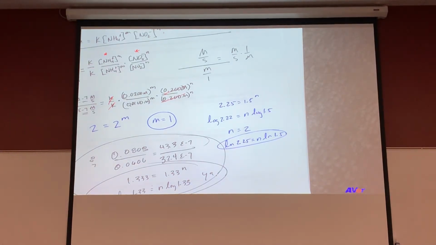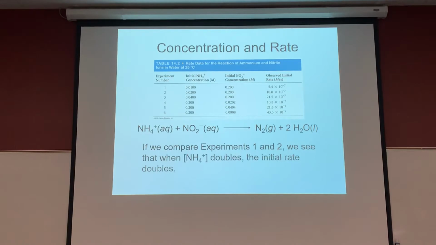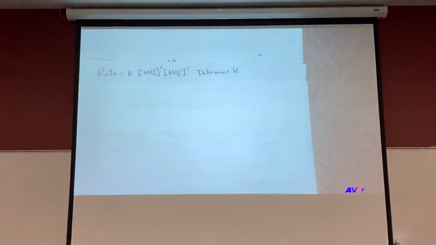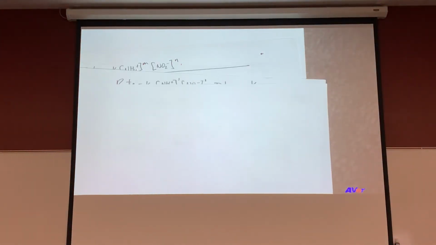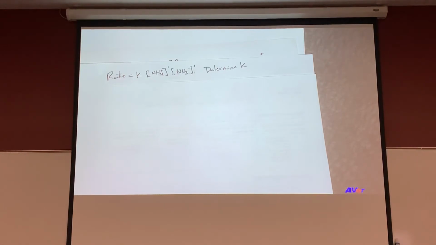Alright. Let's go back here. Yeah, Angela, you asked about the rate order as well as overall rate? Alright, so you would be asked, let me go to this one. So there's your rate law. What's the overall order for that particular rate law? 2.